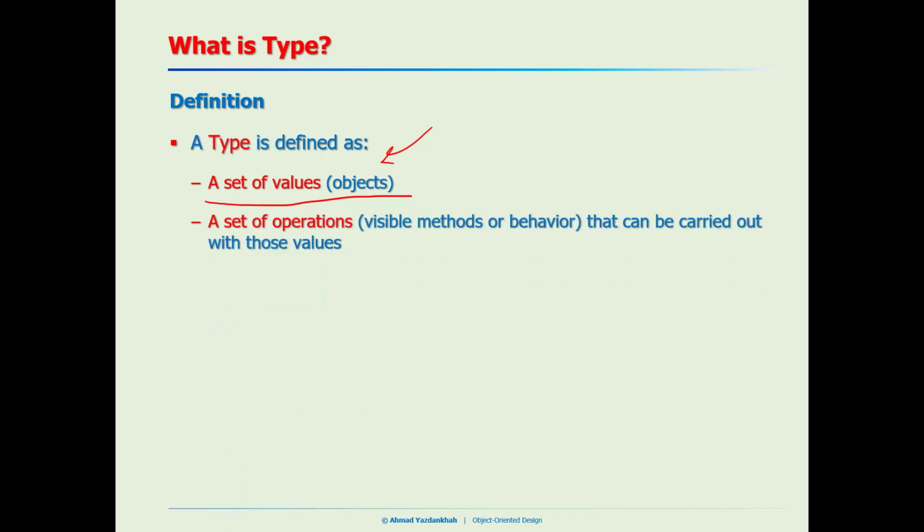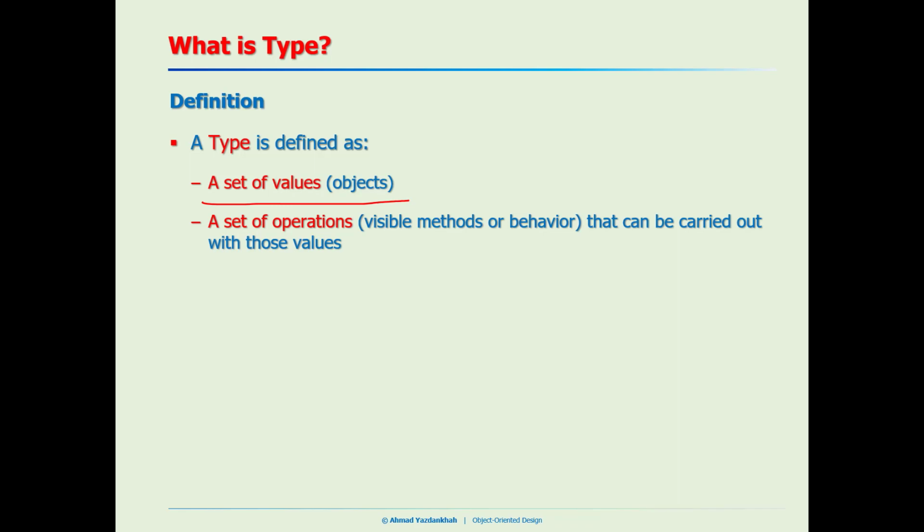Before that, first we need to know what is a type. So the definition of type is this. We have usually a set of values, or in object-oriented, we are talking about the objects, and also we have a set of operations that we can run on these values.